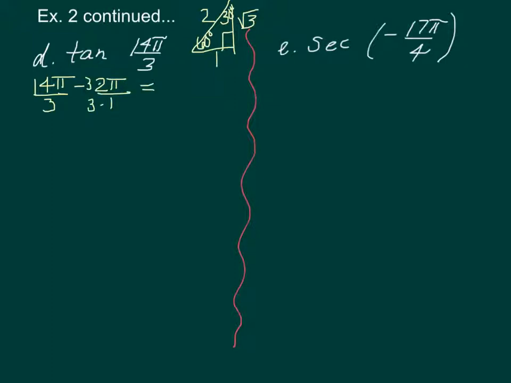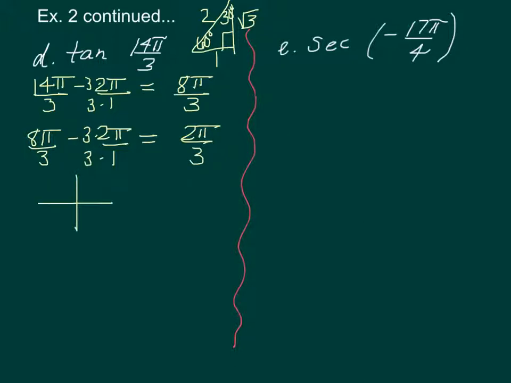So that gives us 14 pi over 3 minus 6 pi over 3 gives us 8 pi over 3. That's still larger than 2 pi. So I'll do it again. So 8 pi over 3 minus 6 pi over 3 gives us 2 pi over 3.